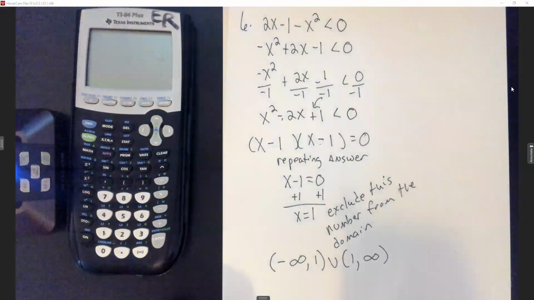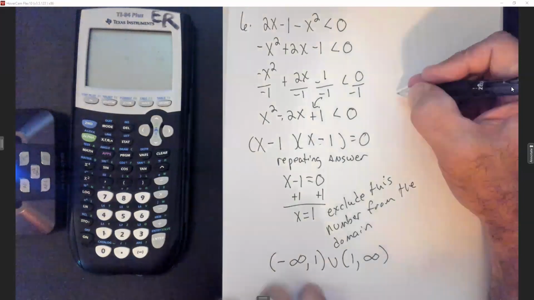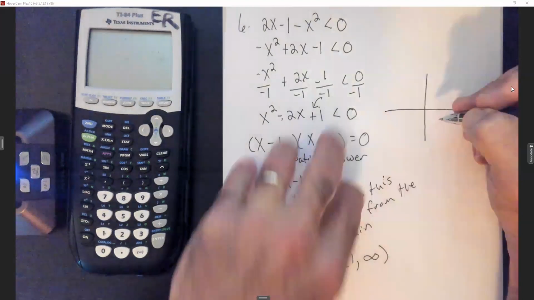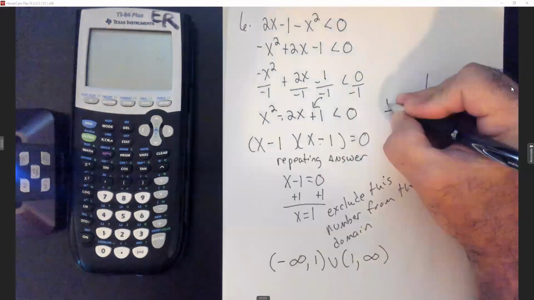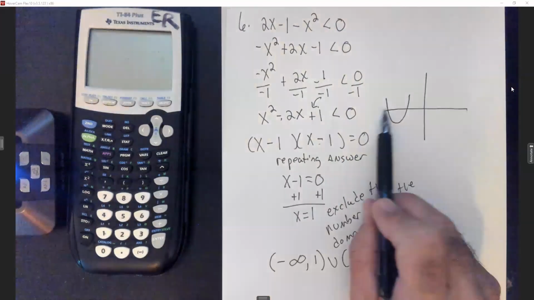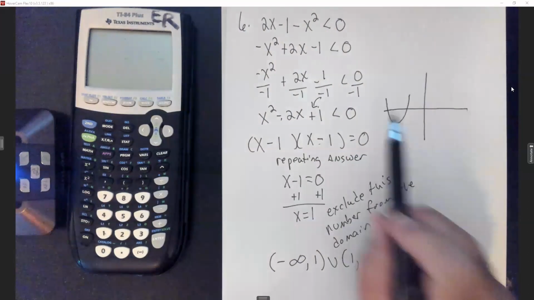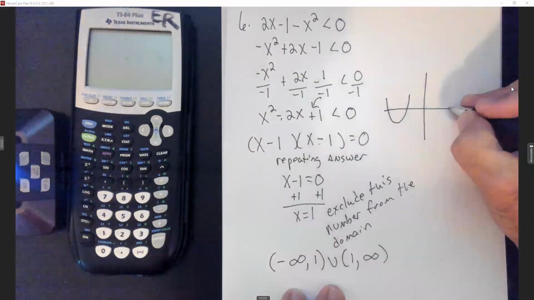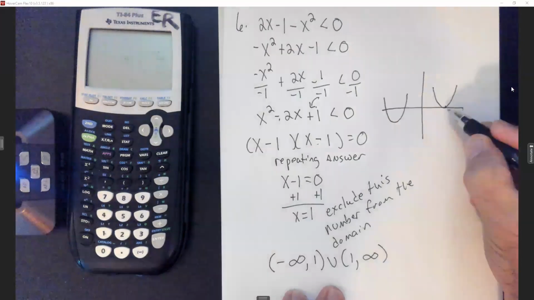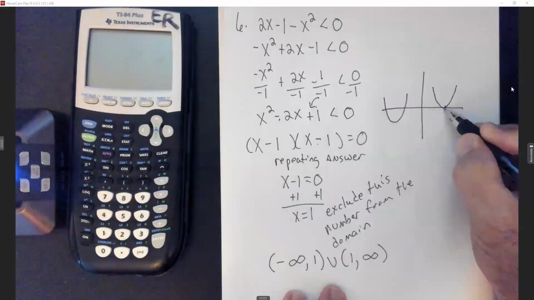So it makes a difference on that. So what happens on these when you're graphing them? When you got two answers, your parabola comes through and it crosses through the x-axis like this, and you get the two answers. When you get one answer like this, it's like the parabola comes down and touches the x-axis, but it don't go through it.